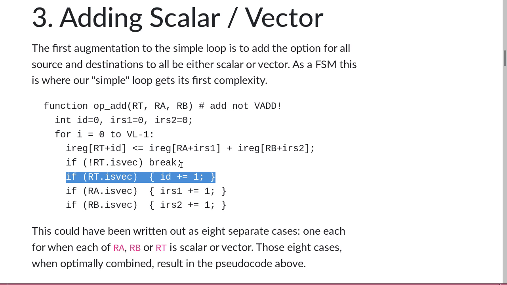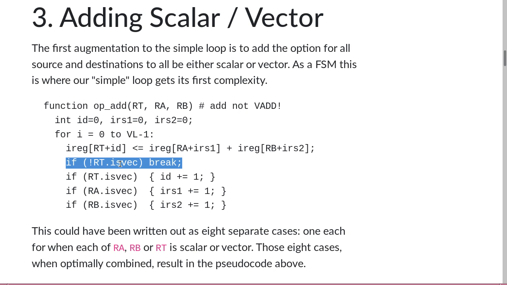And in the case of the add operation, but not for cache-inhibited load, I'll come on to that later if we've got time, the loop is exited if the destination was a scalar, but only after the first result is created.